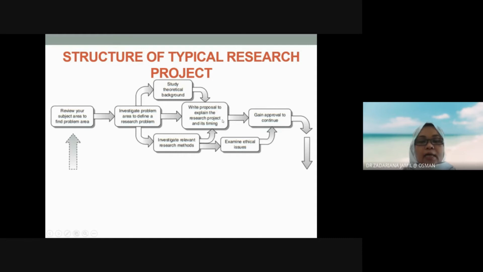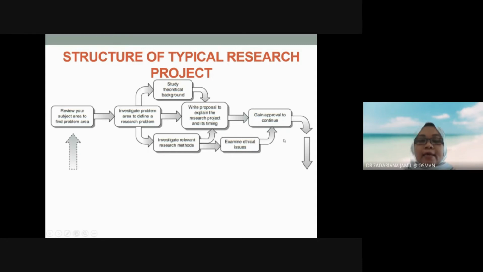After you prepare your proposal, you need to go through an approval session. Some call it a research proposal defense. In the research proposal defense there are several examiners that will evaluate your proposal.